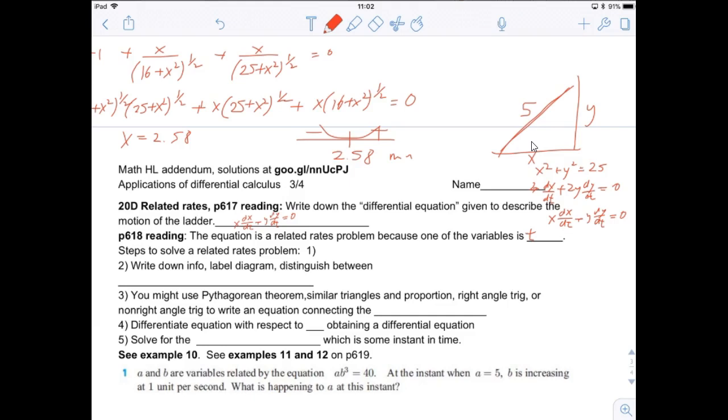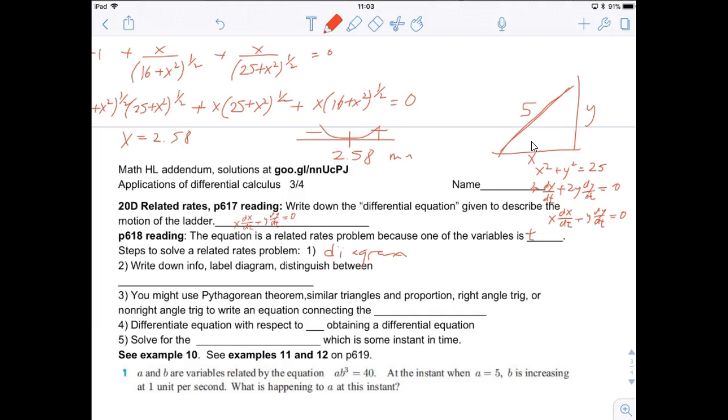Okay? What are the steps to solve a related rates problem? Okay, the first thing is to draw a diagram. That will help you make this equation, which defines the relationship between everything, which some people find is the hardest thing, although really it doesn't require advanced math to do that part.